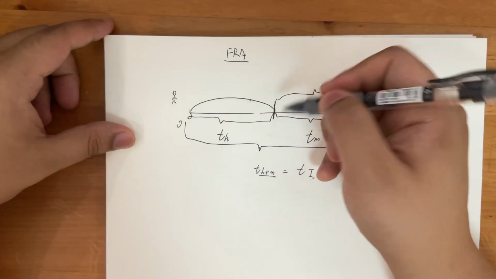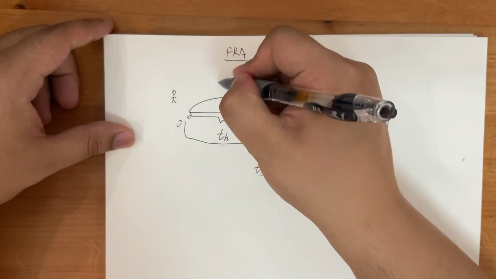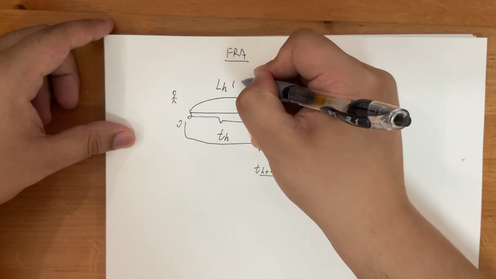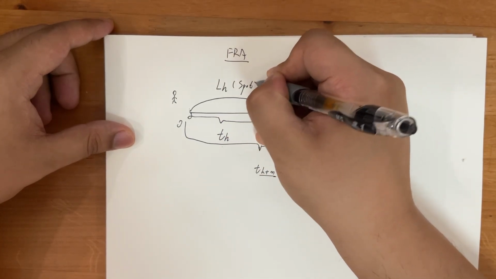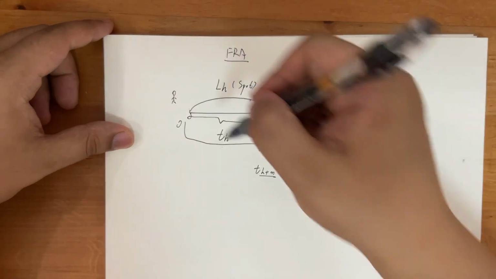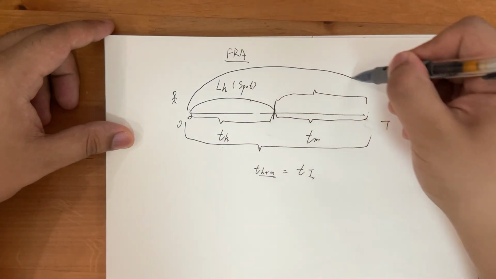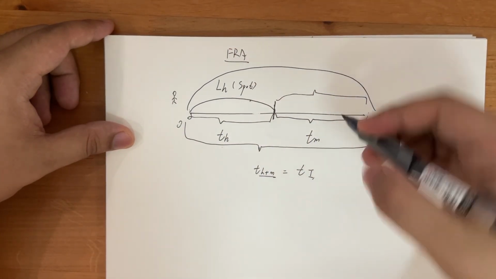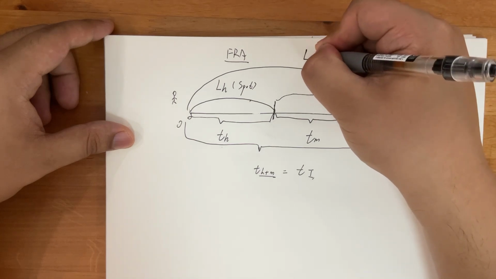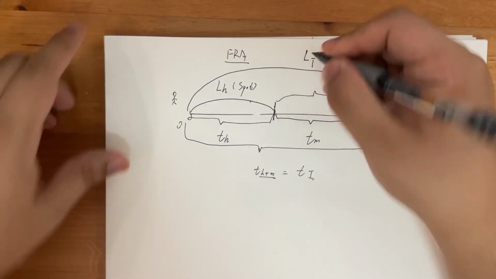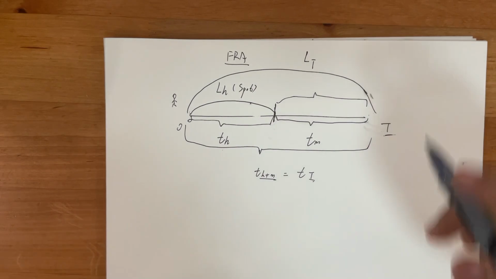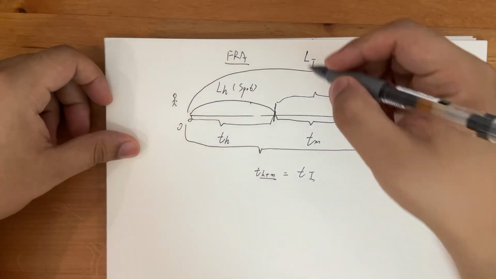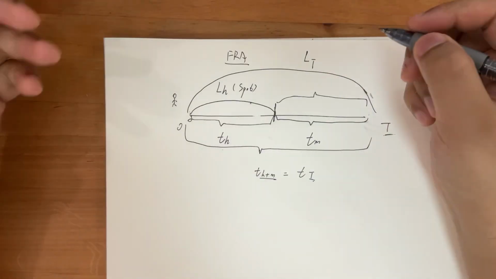For the spot rate to time h, we have L_h as the spot rate. Of course, if you take a longer spot rate, for example to time t, you're going to have an L_t spot rate.